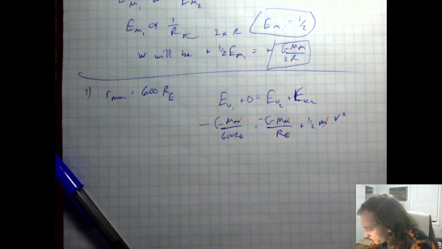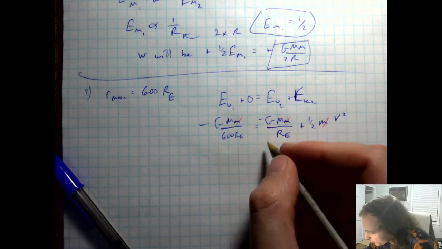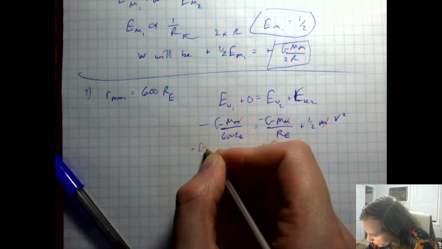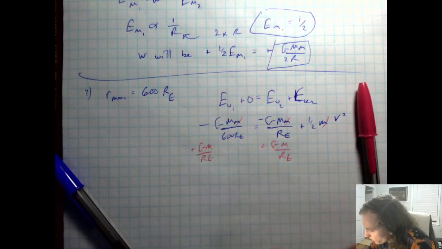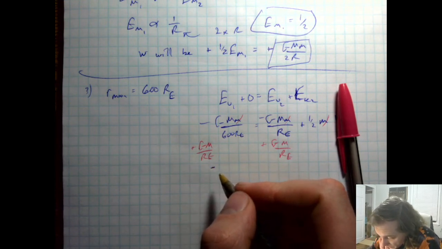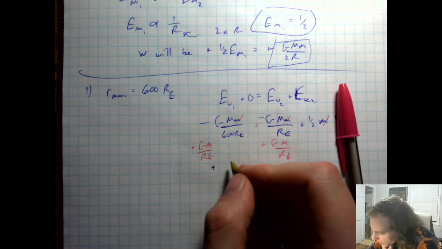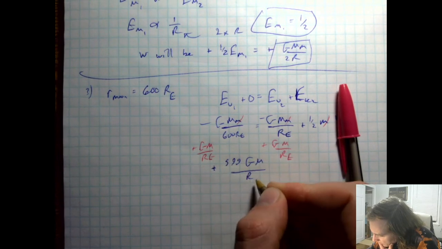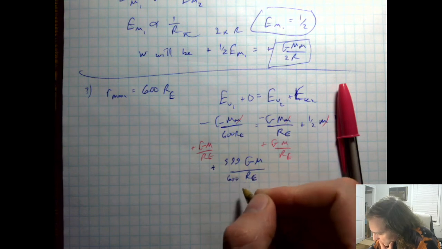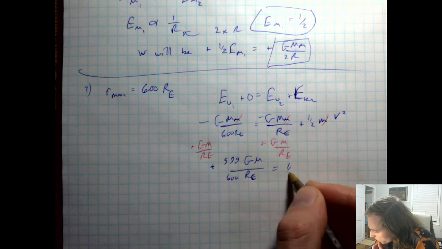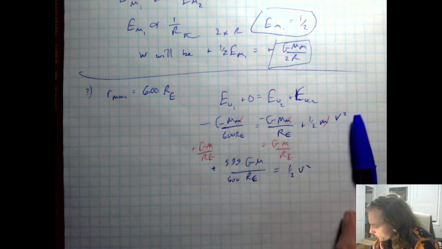Mass of the moon drops, and all we have to do is add GM over Re plus GM over Re. That'll get us positive 599 GM over radius of the Earth over 600 times the radius of the Earth, which will be equal to 1/2 times our velocity squared.